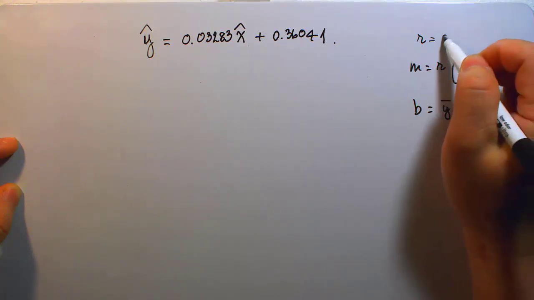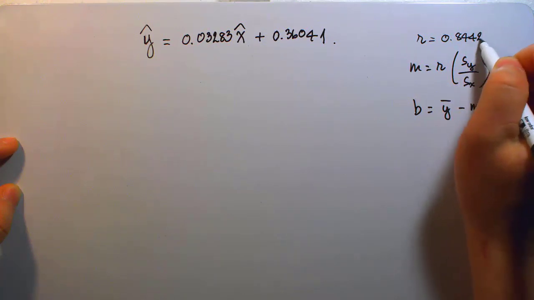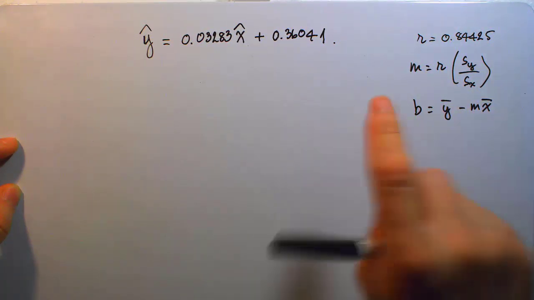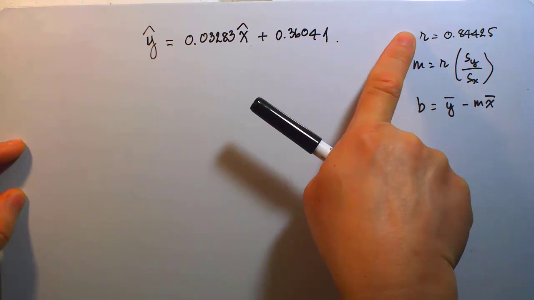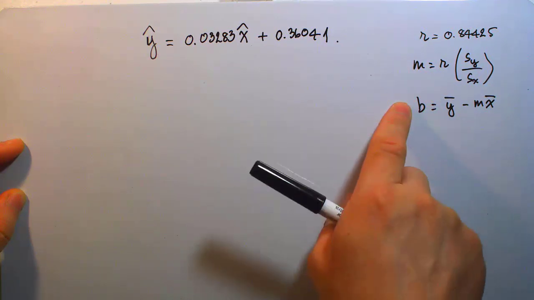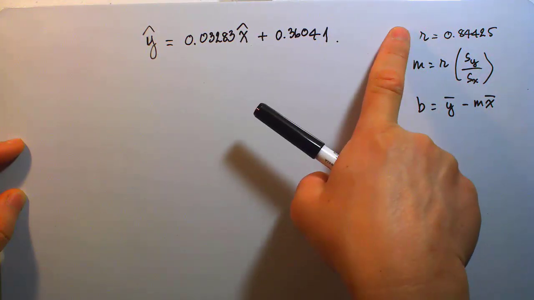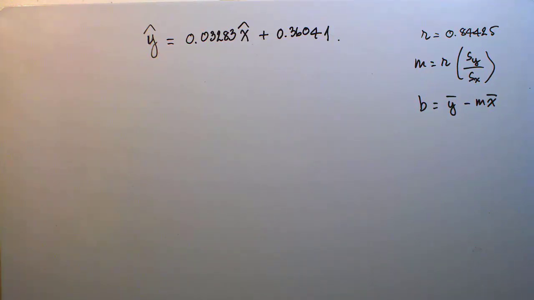In the data here, I was using 0.84425, and this R here was obtained by running the linreg command, but I actually used these two formulas to obtain my slope and my y-intercept. And so in that way, here's the data here.